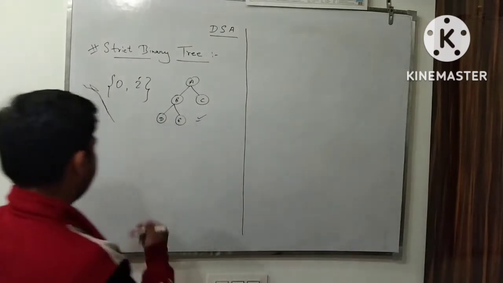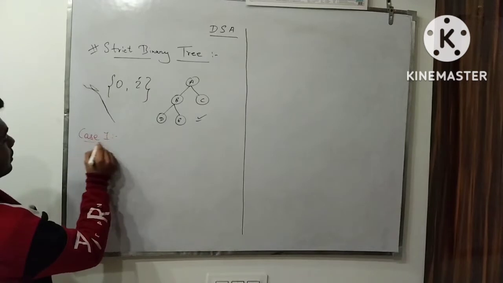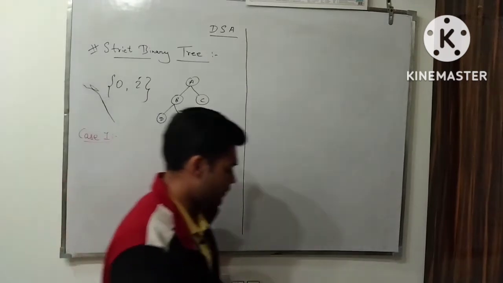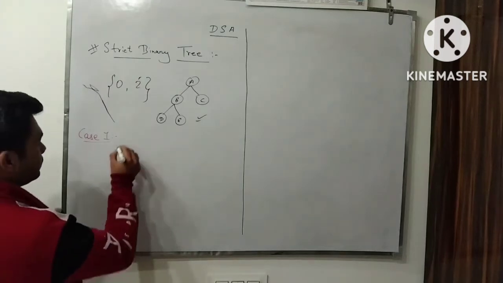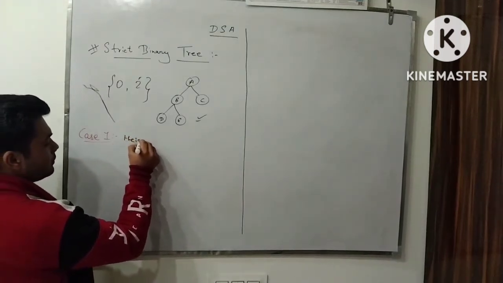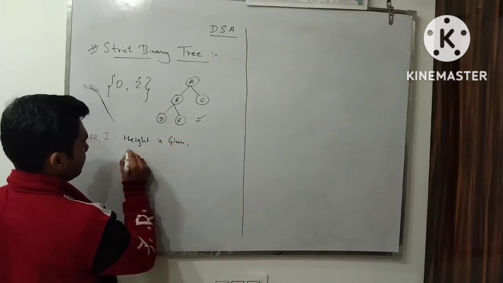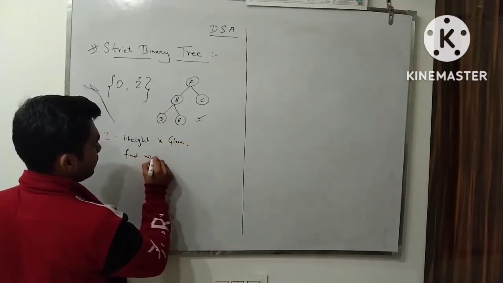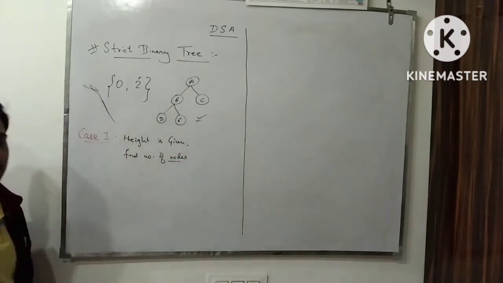Case number 1: the height is given and we have to find the number of nodes.